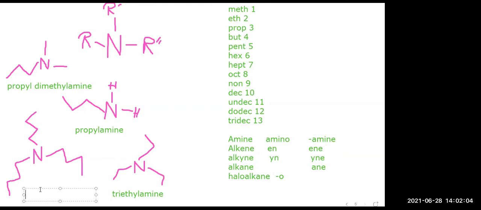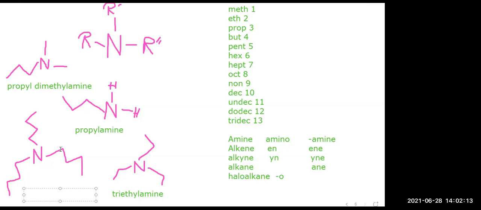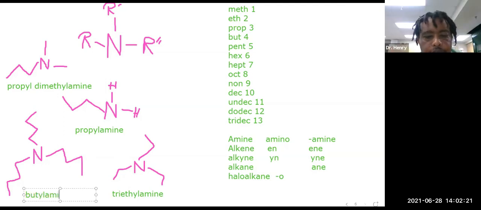Butamine. How many carbons is the chain? Four, so bute. So it's a butyl amine. And how many butyls do I have? Three.